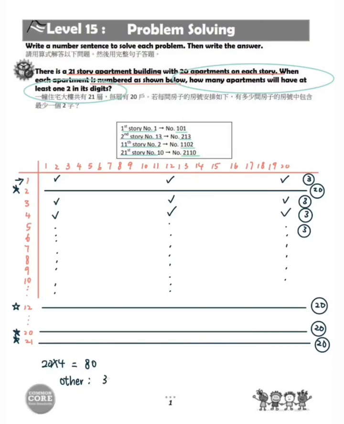So that will be 3 multiplied by 21 minus the 4 floors, and that will be equal to 51 apartments. So the total apartments having a 2 will be 80 plus 51 equals 131 apartments. So the answer for this question is there are 131 apartments having at least one 2 in its digits.